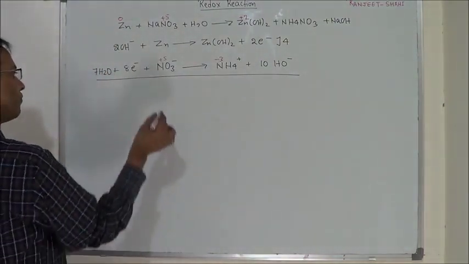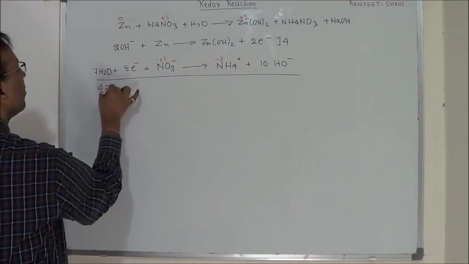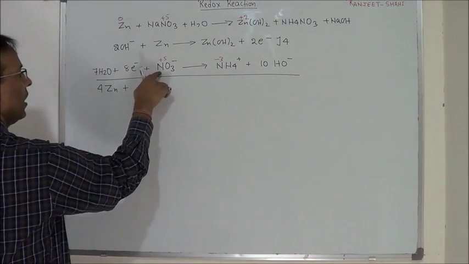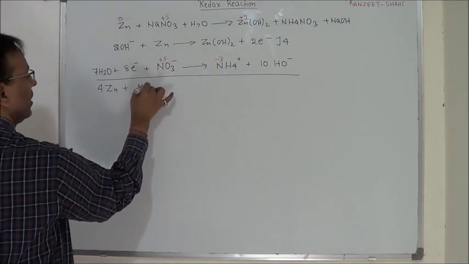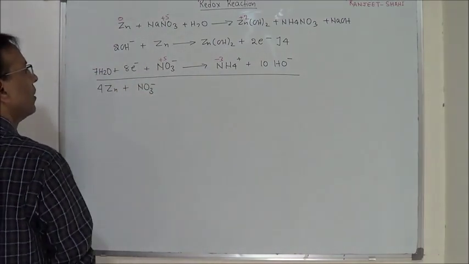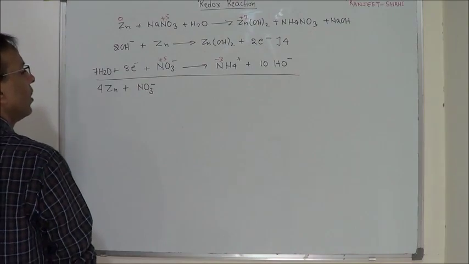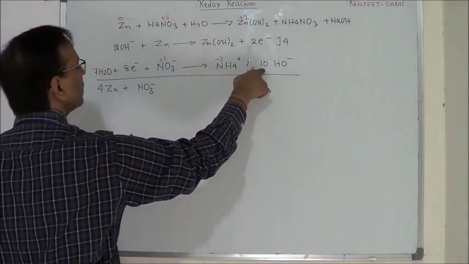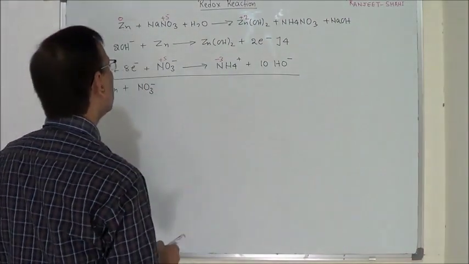What do we obtain? 4 zinc plus a nitrate ion. What about hydroxide ion? 4 into 2, 8, 10. So 2 hydroxide will come on the right side.